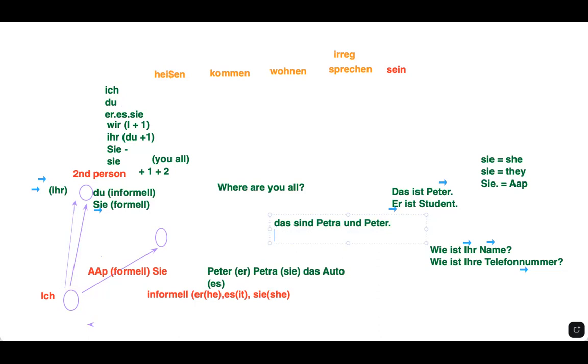These are Petra and Peter. They, not these, they. Now, "they" is a plural third person pronoun, right? In German also, you will say "Sie sind Studenten." But now, just because the word is beginning with S, is this a capital S or small s? What do you think? This is a small s, okay?